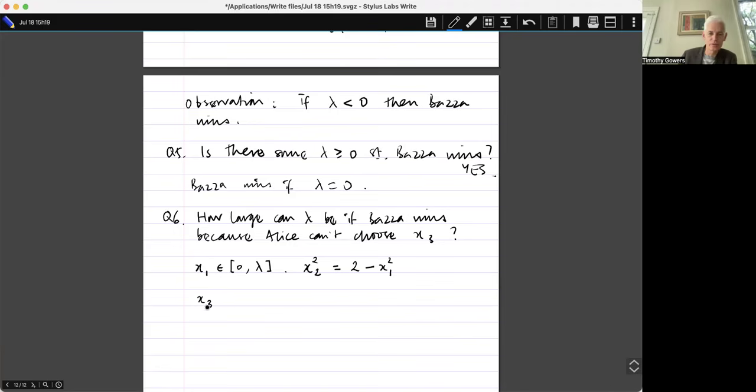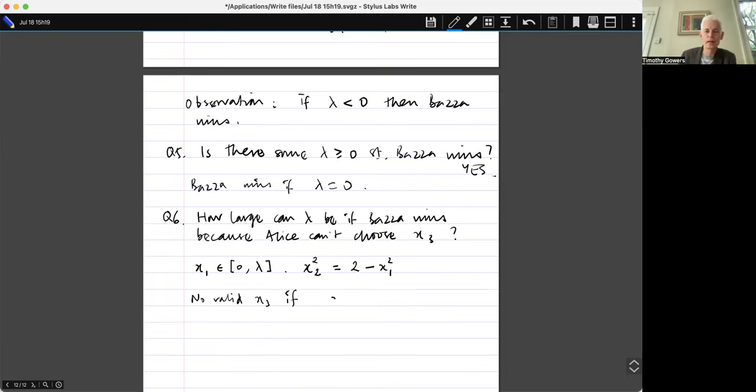But let's just say then, x3. Here's what I want to say. There's no valid x3 if x1 plus x2 is already bigger than 3 lambda.